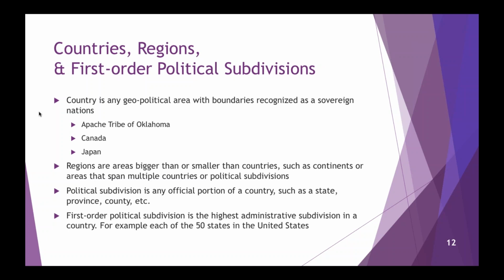So those are the different types of political subdivisions. The first order subdivision, first order political subdivision, is a state. It's first order because it is the highest political subdivision before the country itself. So that's what we're talking about when we say first order political subdivisions.